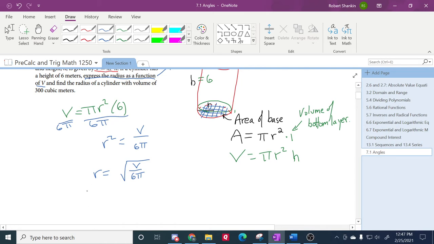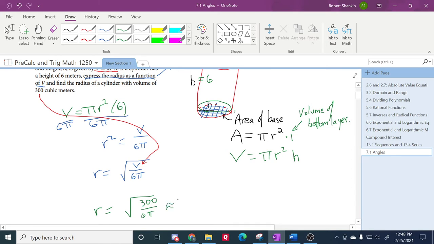And then the second part is we're going to plug in 300 in for the V. And then we're going to get r equals square root of 300 over 6 pi. And that's the answer to find the radius with that volume. And then you might punch that out in the calculator and get an approximate answer as well.